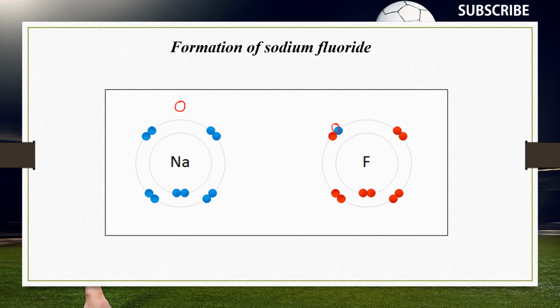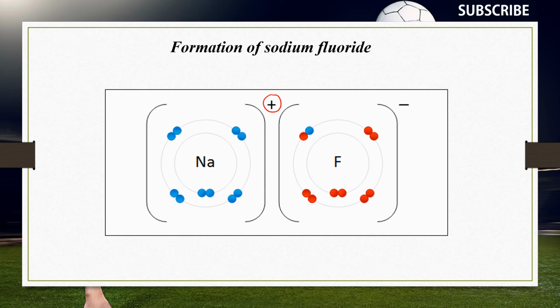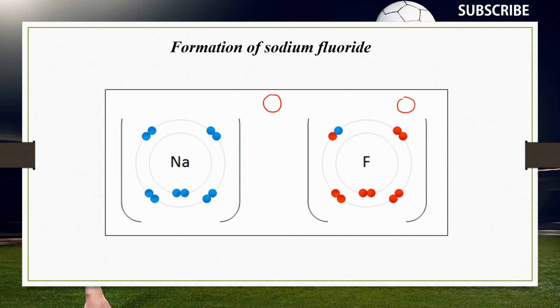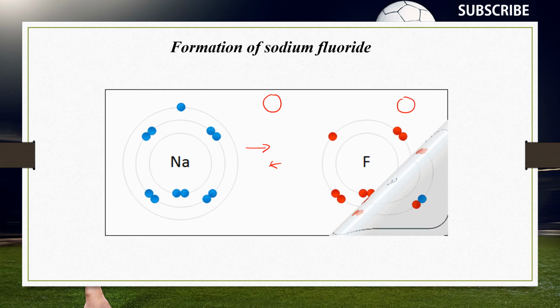Fluorine, in the process, becomes stable, and they both obtain opposite charges, positive and negative, and then later on these charges attract. That means the positive and negative come together to form the ionic compound, which is sodium fluoride.